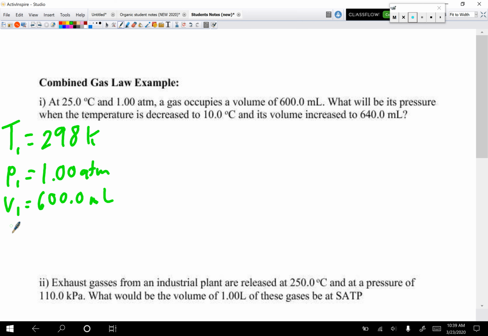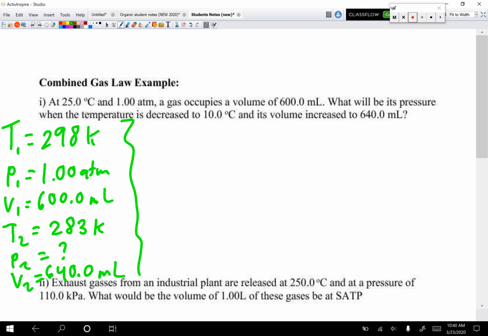We have T2 is equal to 10 degrees Celsius, or 283 Kelvin. We have P2 is equal to, we don't know, and V2 is equal to 640.0 milliliters. All right, that is everything we have. And once we go from here, we have our equation.